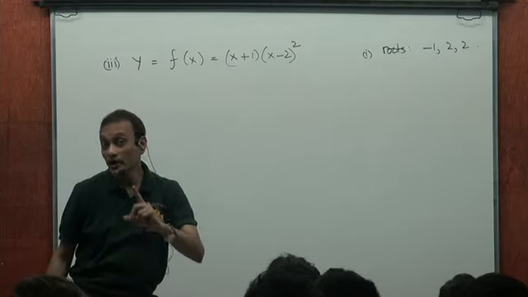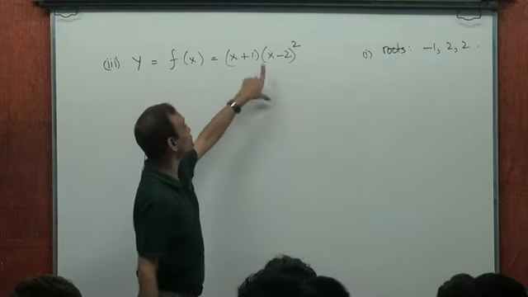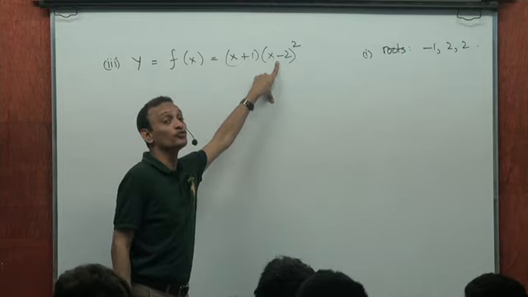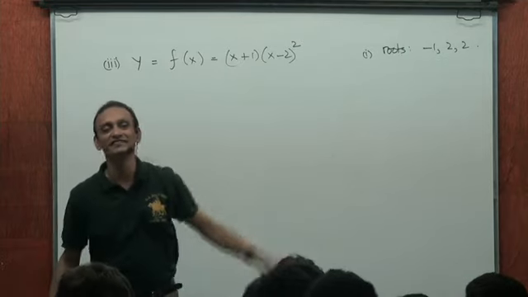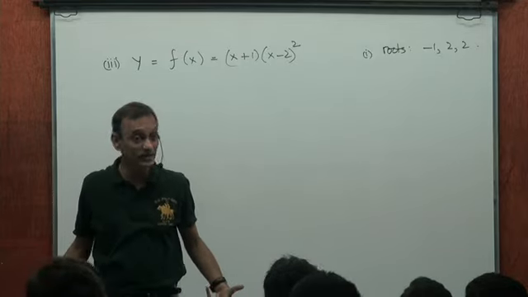That means dy/dx must become 0 at x equal to 2. Because x equal to 2 is a root of this repeated twice, x equal to 2 would be a single root of the derivative function. It has to be the case.